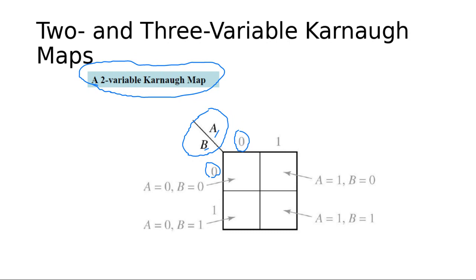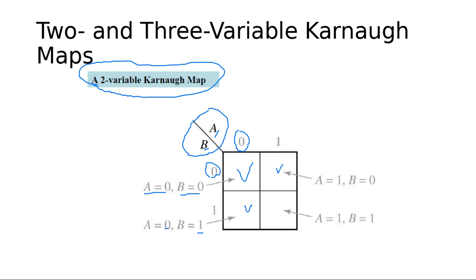You have a big table, and in the table you have 4 squares because you have 2 inputs. 2 to the power of 2, you have 4 variables, and for all of the variables you need a square in the table. So you have 2 inputs, you have 4 variables, you have 4 squares. This square means A is 0, B is 0. This square means 0, 1.